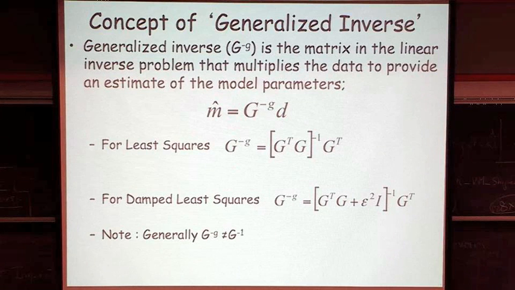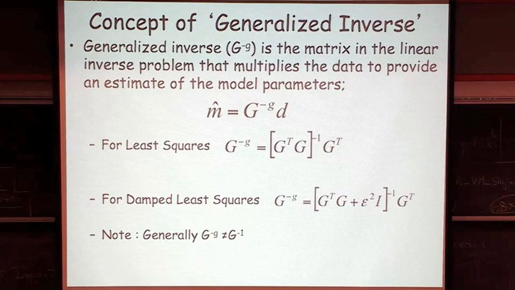If this is not well conditioned, if it has a null space, then we also discussed the damped least squares solution, where you've added this parameter epsilon here. This is a very simplified view of things, but for today's purpose, I will stop here. And in any case, you get this matrix, which is called the generalized inverse.